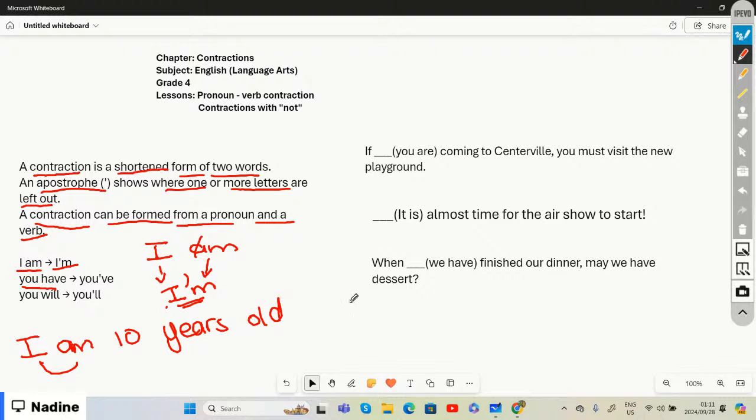So if you say, for example, you have. You is the pronoun, have is our verb, right? We can form a contraction from a pronoun and a verb. The pronoun stays the same.